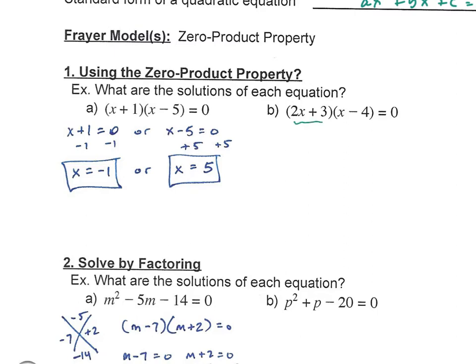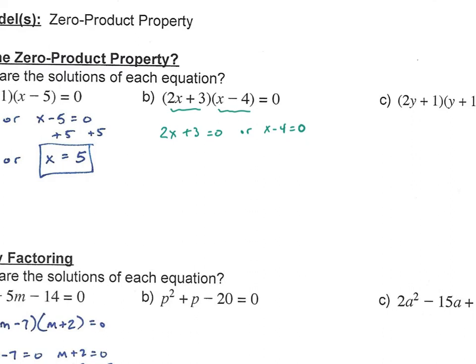Again, I have one prime product times another. So I would have 2x plus 3 equal to 0, or x minus 4 equal to 0. And now I just have to solve them. If I do my inverse operations, I have minus 3 on both sides. 2x is equal to -3.